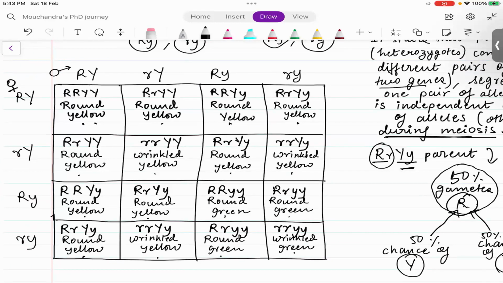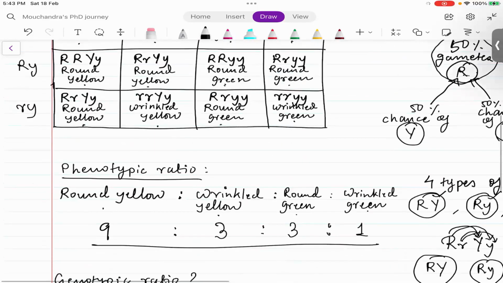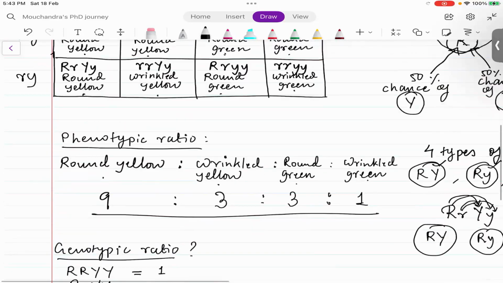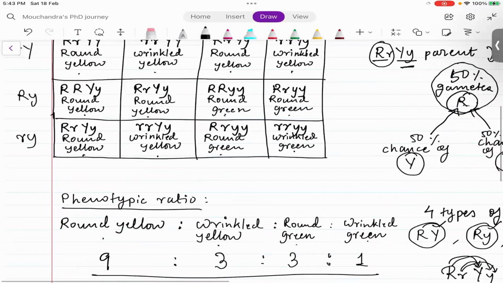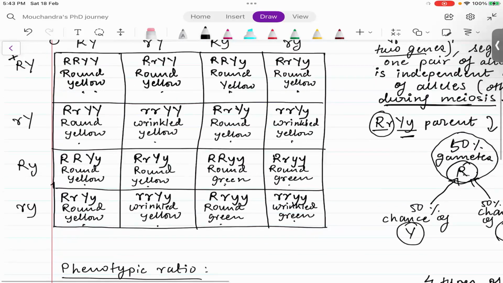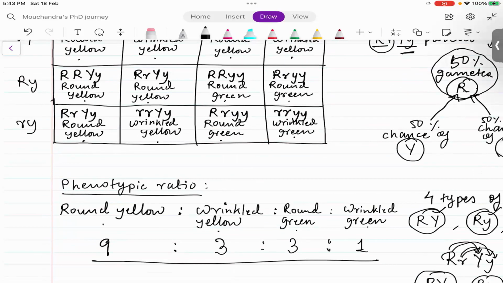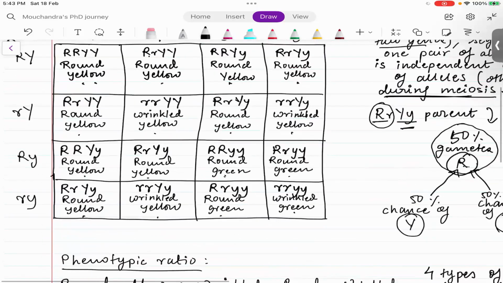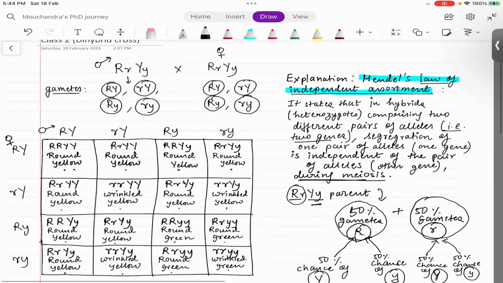After that your job is done. You just have to observe carefully, write it down, and count how many boxes there are in the Punnett square, and you will get the ratio automatically, just like what we did for the phenotypic ratio. So this is all about dihybrid cross.